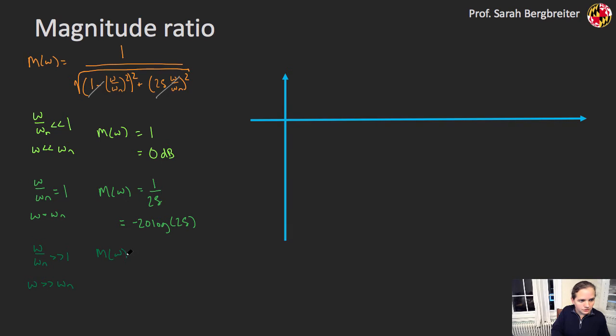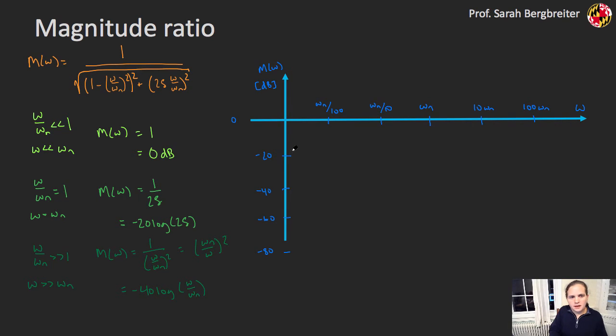So my magnitude ratio is going to be omega n squared over omega squared, or I could write this as omega n over omega squared. And in dB, this will be minus 40 log of omega over omega n.